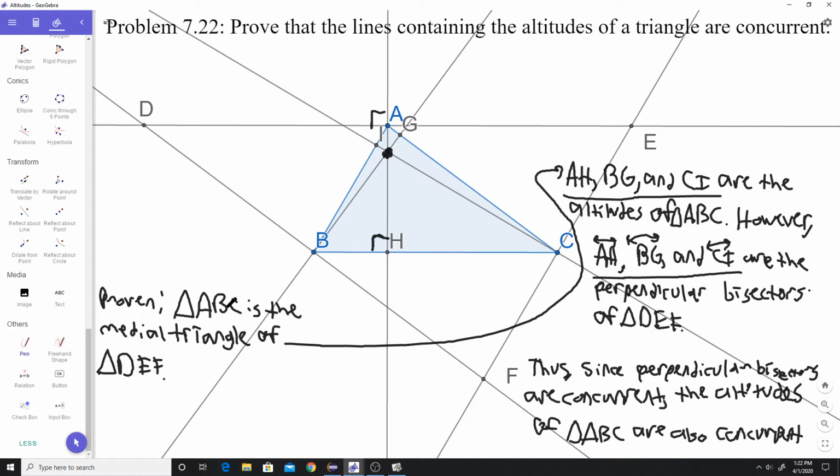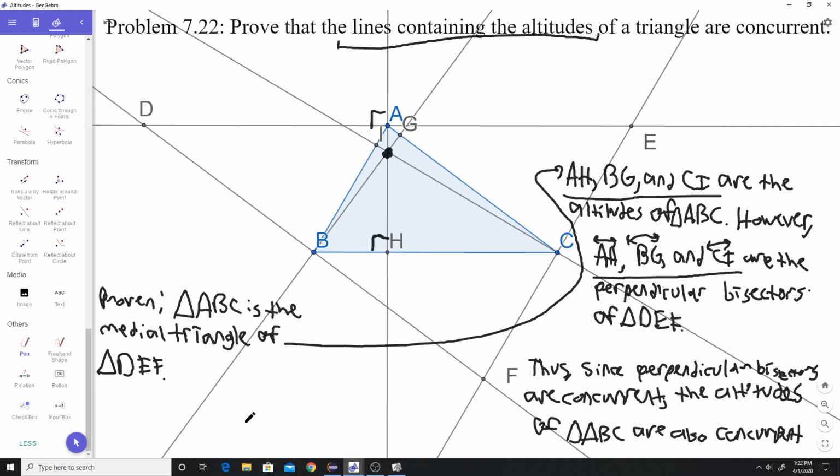And that completes the proof. Because the altitudes of ABC are the same thing as the perpendicular bisectors of DEF, and we know that the perpendicular bisectors are concurrent from a previous proof, that implies, since the altitudes are the perpendicular bisectors of another triangle, that the altitudes must also be concurrent, specifically the lines containing the altitudes.